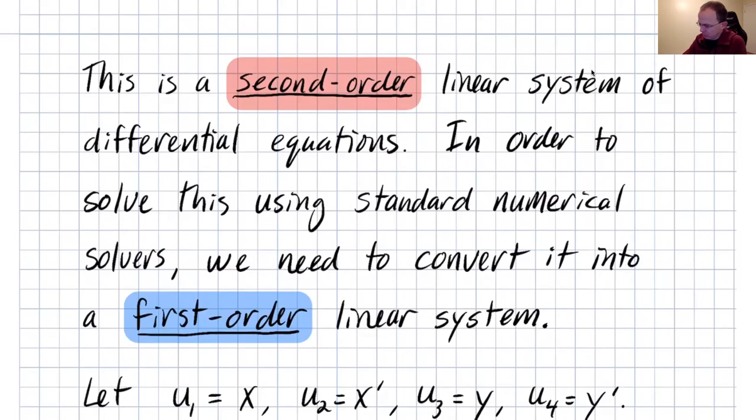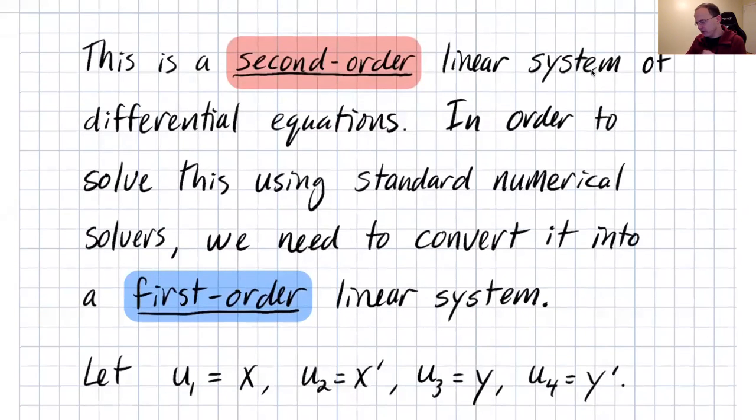However, in order to solve differential equations using standard numerical solvers in MATLAB, Python, Julia, many different places you can find numerical solvers, the standard way to enter them is to first convert it to a first order linear system. So they require that you enter the problem as a first order linear system. So this is very important.